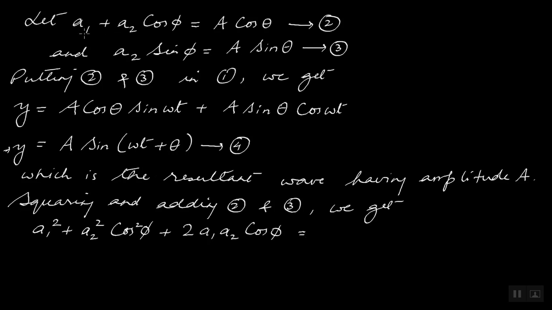Yes or no? Because this is (a plus b) whole thing square, right? So I'm just applying that formula. So it is a square plus b square plus 2ab. And on the right hand side, I will simply get A square cos square theta. Similarly, if I square the equation 3, I will get a2 square sine square phi. This will be equal to A square sine square theta.